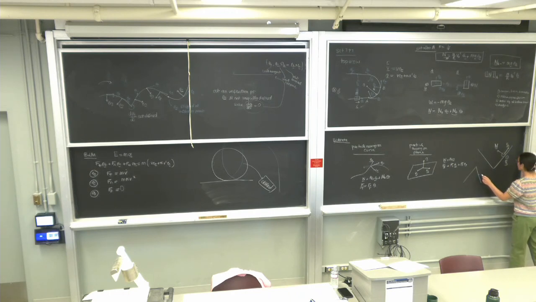I have the particle here, the normal force, and then the friction force has 2 components, like this and into the page, or out of the page. We're going to need to solve for the direction of the friction force. But it has 2 components. Does that make sense? Questions? What about for the first problem? How many components of the normal force do I have? How many components of the friction force do I have?